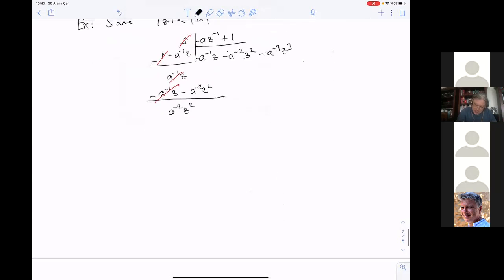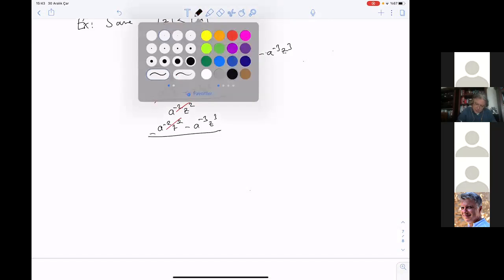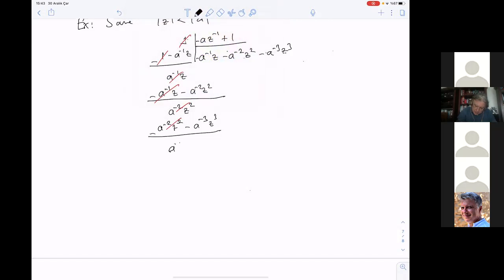And after the multiplication, it's going to give me a to the minus 2 z squared minus a to the minus 3 z cubed. Subtraction. These will cancel, and the result will be a to the minus 3 z cubed.